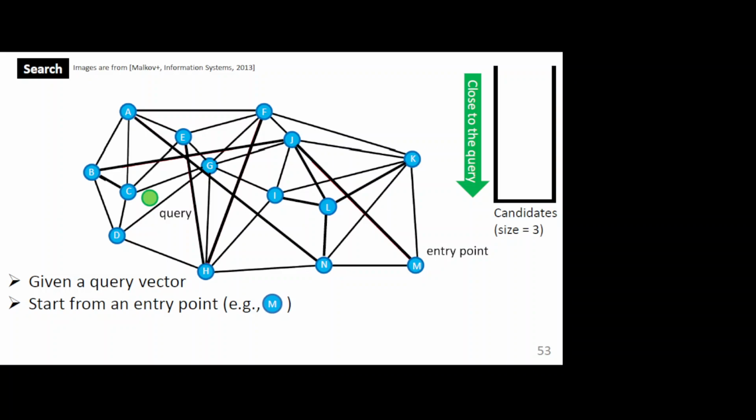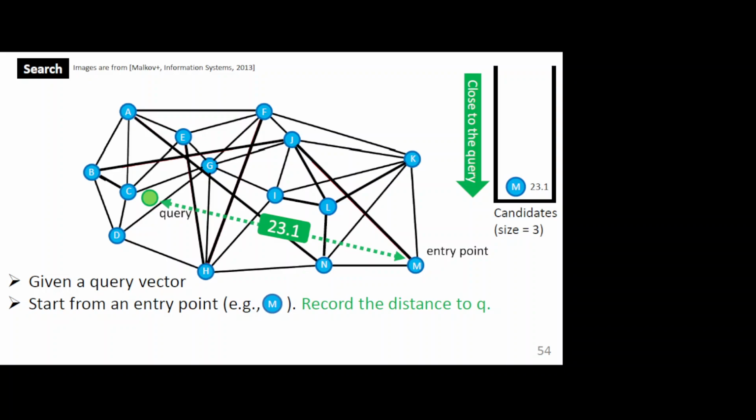But the graph-based search works because we have connections between neighbors. So we can visit each point one by one. And we believe someday we will reach the nearest neighbor to the query. Okay, so first we are at the entry point N. Here you can think of a queue, or a storage queue.